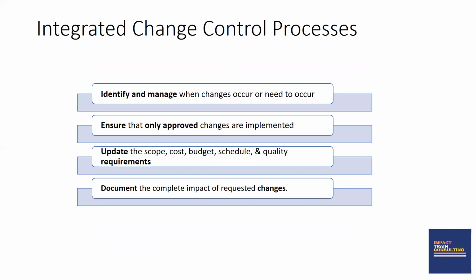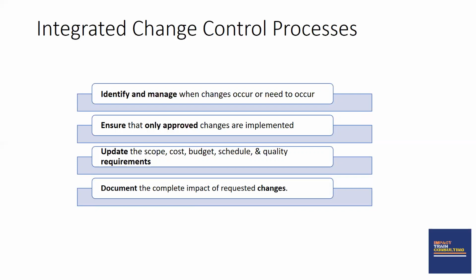One of the ways for you to manage change is through a tool called the Integrated Change Control Map. Now, this map helps you to identify and manage when changes occur or need to occur. It helps you to ensure that only approved changes are implemented.